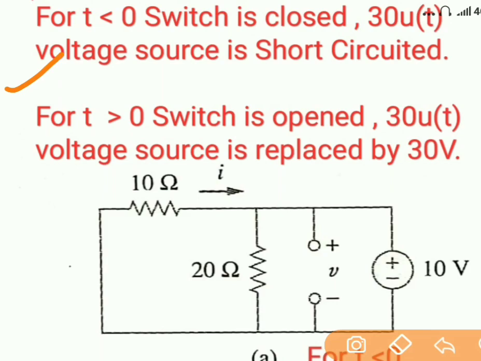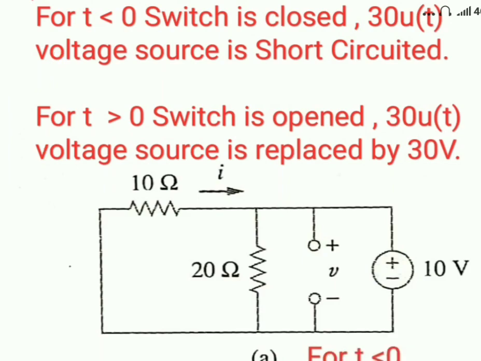We will see the property of the unit step signal later, but right now you have to understand that at time t less than 0, the unit step signal is deactivated. For time t greater than 0, the switch will be opened and the unit step signal will come into the picture. So the reduced circuits for these two cases are as below.